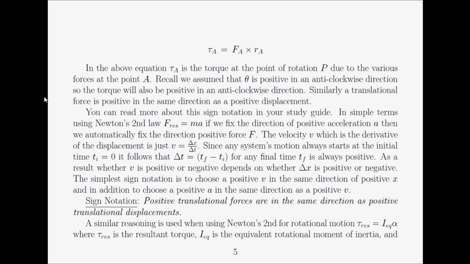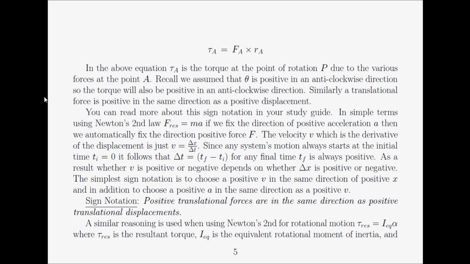So without getting into too much detail, we choose the sign convention in the following way. Positive translational forces are in the same direction as positive translational displacements. Essentially, if F resultant is equal to m times a, m is the mass, a is an acceleration, F is a force.